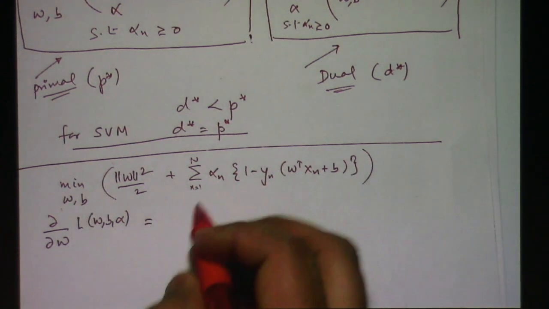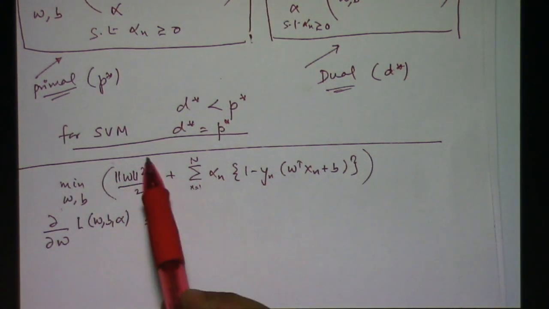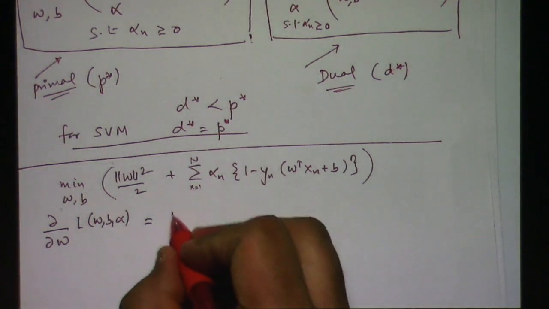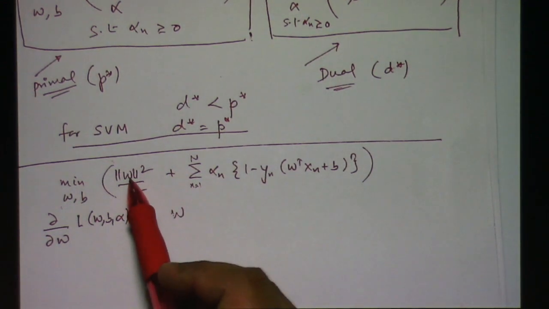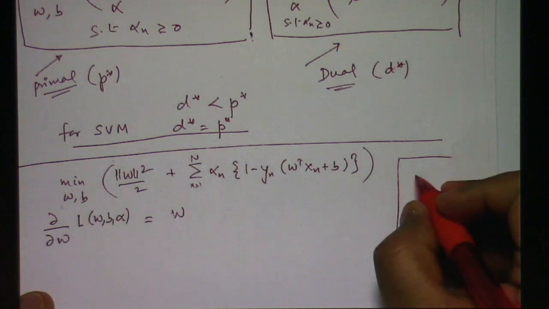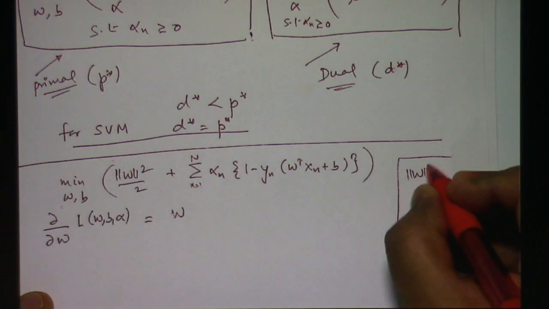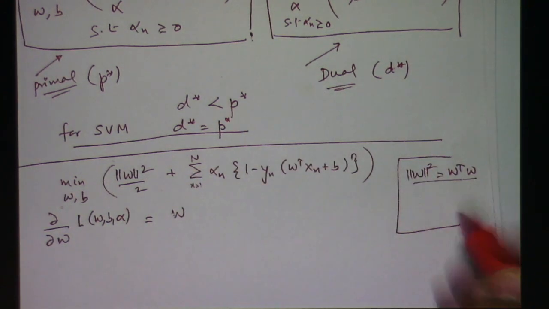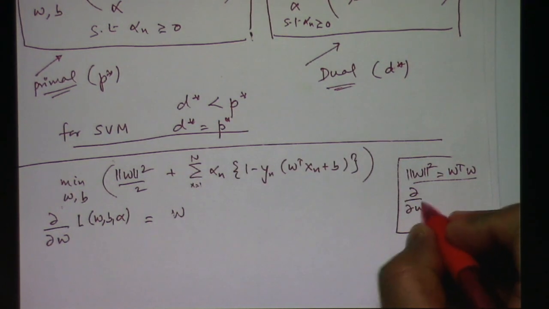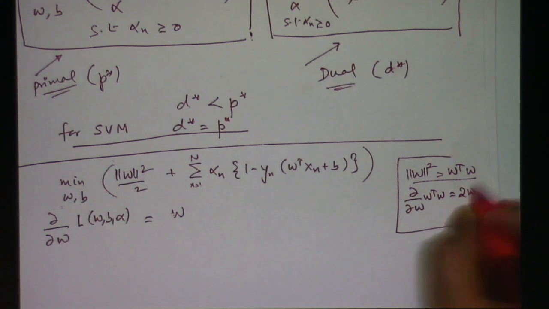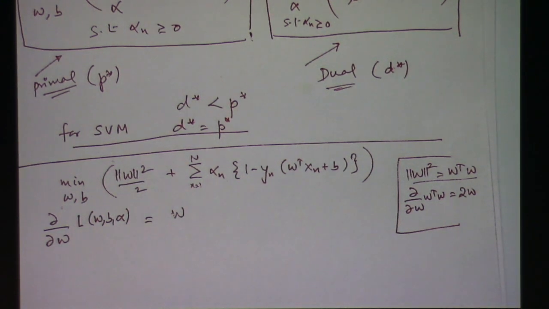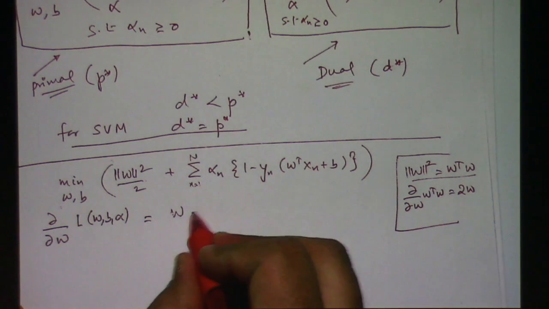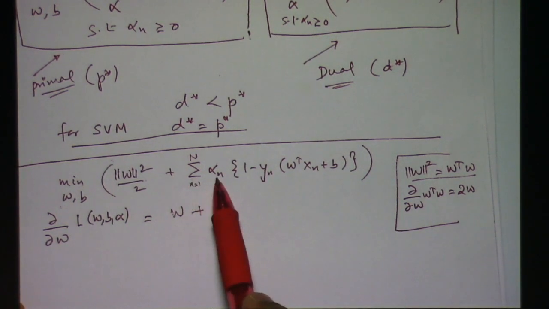If I compute the partial derivative, this part's partial derivative will actually be just W. You can think of this as W transpose W, the square of all the sums, and d by dW of W transpose W is actually 2W. It's just like a square: d by dx of x squared is 2x, and then the 2 gets cancelled with this one half. So this part is just W plus, then the partial derivative will move inside the summation.